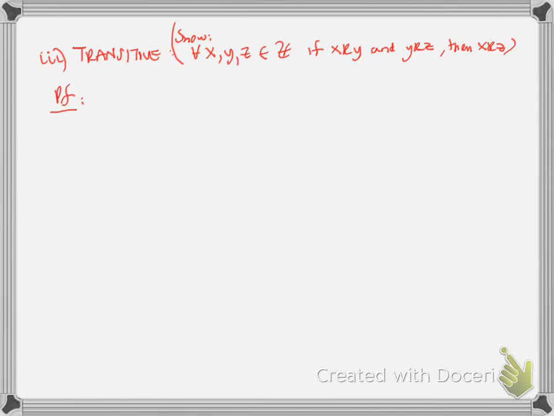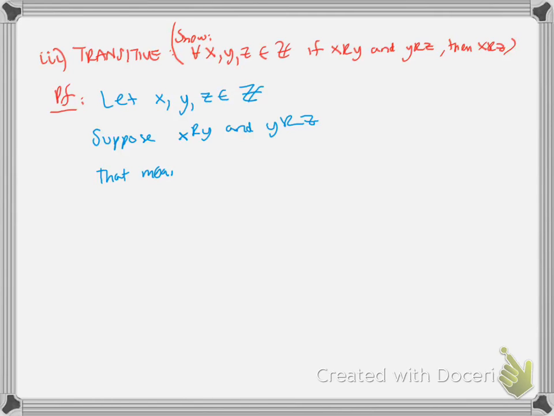Our proof, I like to change the colors. Well, let x, y, and z belong to the integers. Suppose x relates y and y relates z. Well, again, what does that mean by our relation?